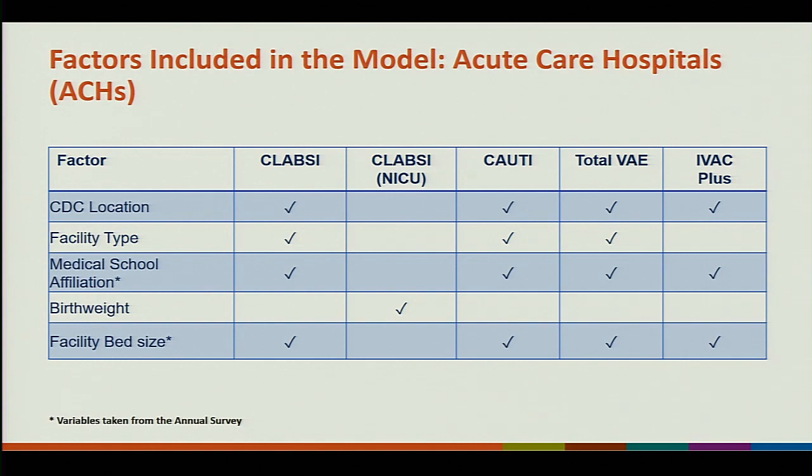The only risk factor included for the CLABSI NICU model is birth weight. And the IVAC Plus model includes CDC location, medical school affiliation, and facility bed size. The variables such as medical school affiliation and facility bed size are pulled from the annual survey. And since many of you have probably just recently filled out your 2018 survey, you know where you can find that information.